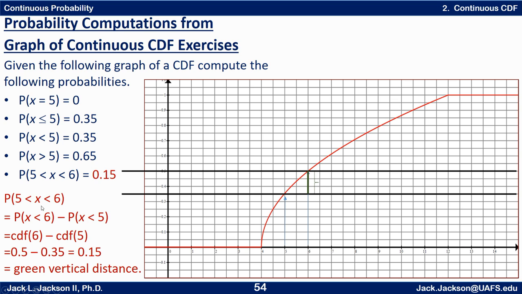So the probability that 5 is less than x, which is less than 6, is the probability that x is less than 6 minus the probability that x is less than 5. That is the CDF of 6 minus the CDF of 5. So you're just taking those two corresponding y values. When x is 6, the y is 0.5, and when x is 5, the y is 0.35. Subtract, you get 0.15. And again, this can be illustrated by the green vertical distance here.